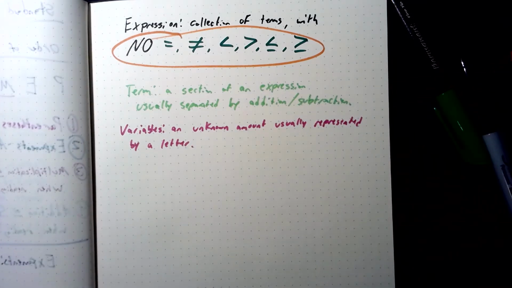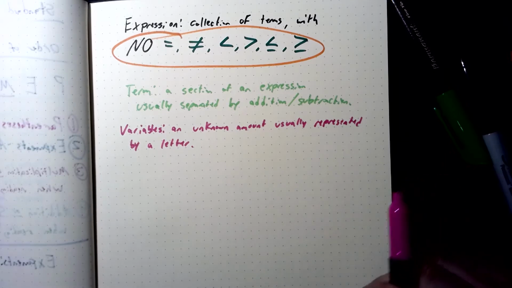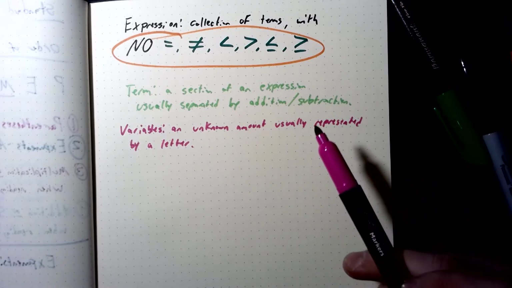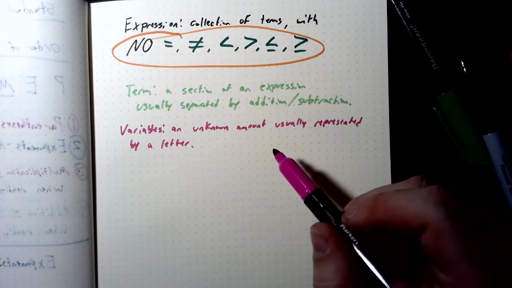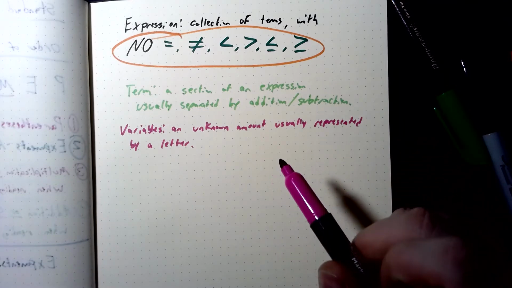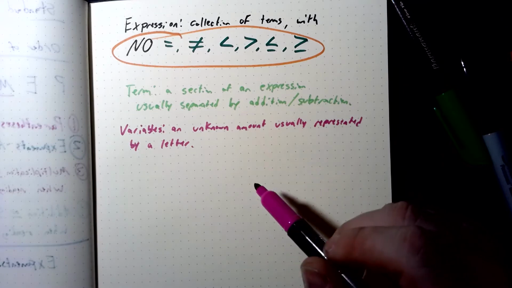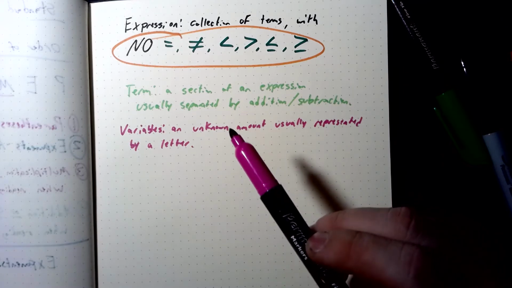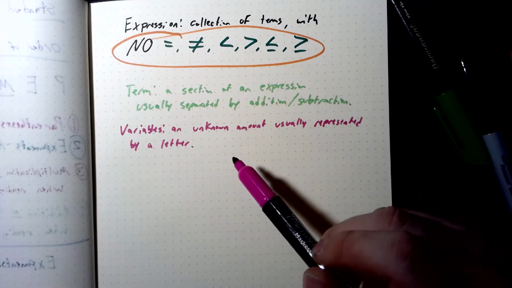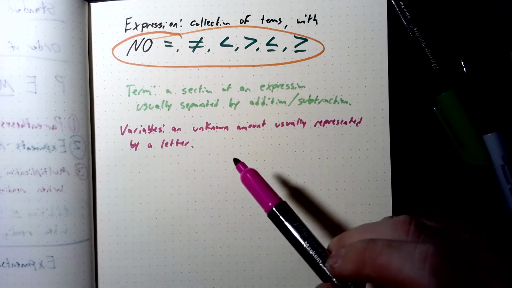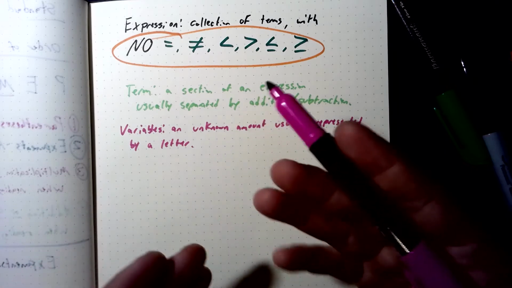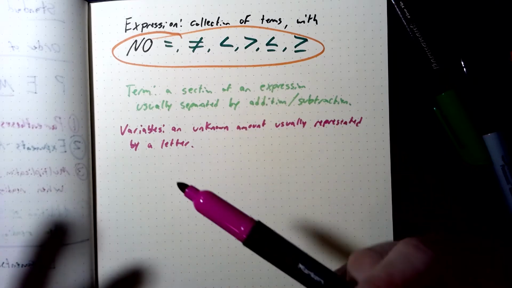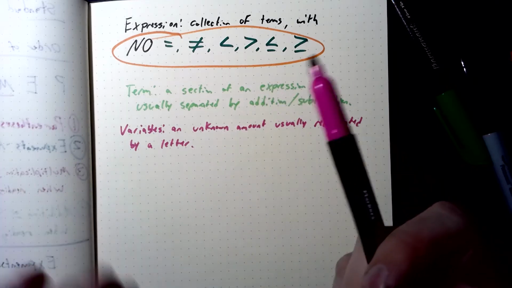The one catch, and this doesn't belong in your notes, but it's something to keep in mind. When you're handwriting variables, it's usually a good idea to avoid the lowercase l, and it is also typically wise to avoid the letter O, just because lowercase l looks a lot like the number 1, and an O typically looks like the number 0.